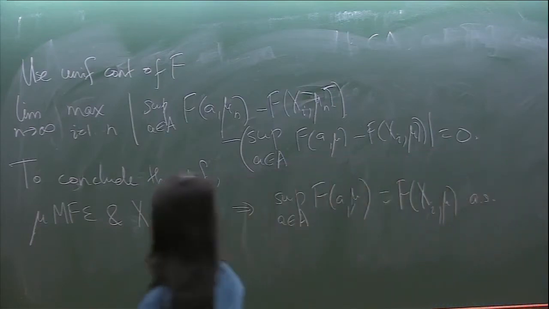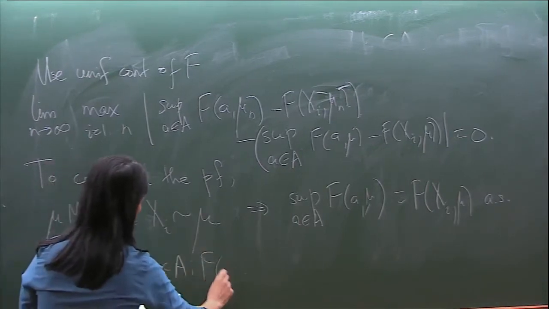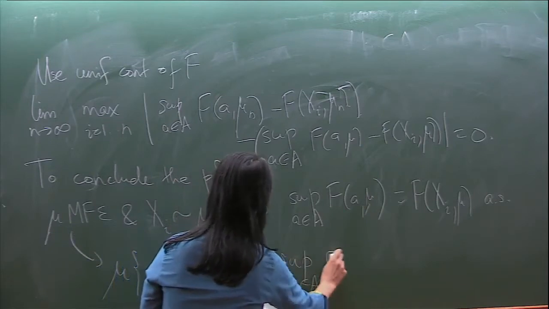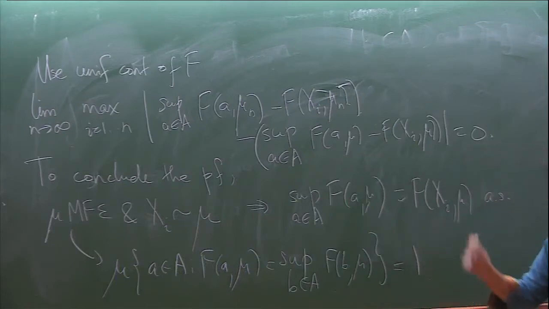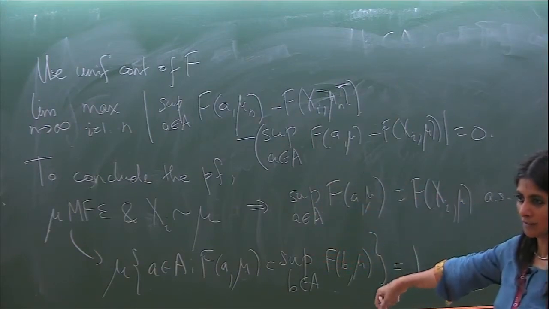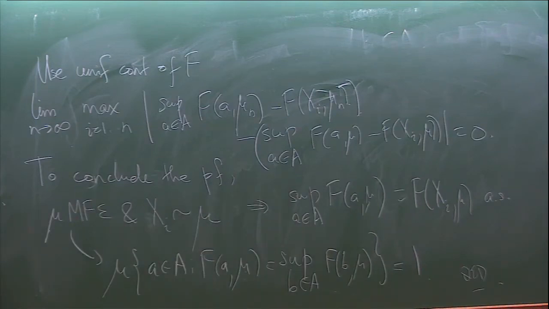Recall that this meant that mu of the a in A such that f(a, mu) is equal to sup over b in A of f(b, mu) is 1. That was the definition. So if you combine that inequality and this inequality, you get that epsilon tilde_n goes to 0, therefore epsilon_n goes to 0, and then we can construct the sequence a_i. Okay, so I think I'm done.